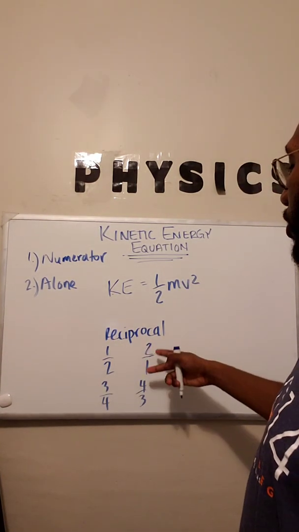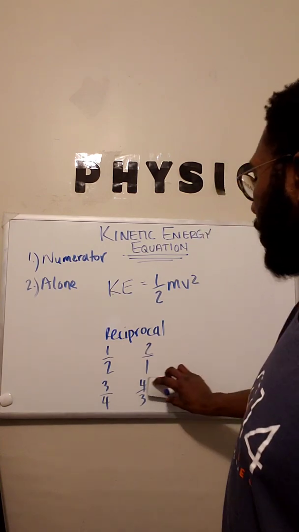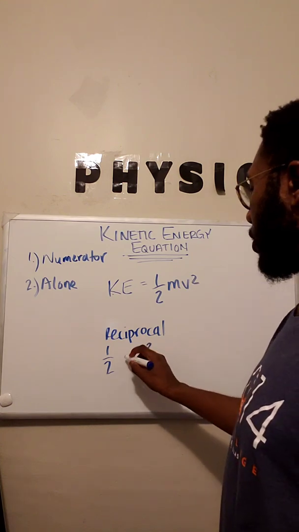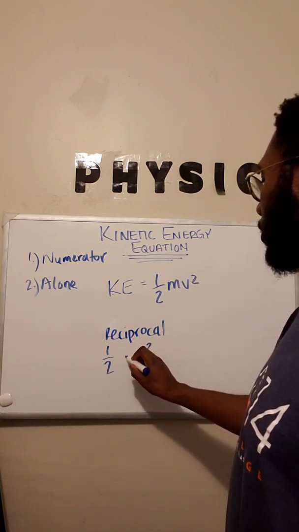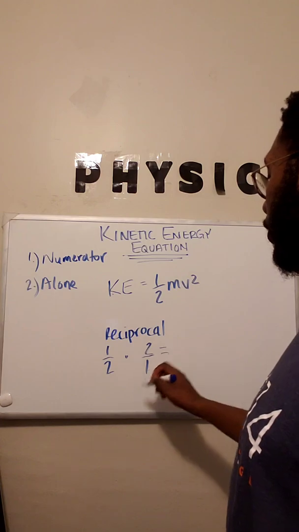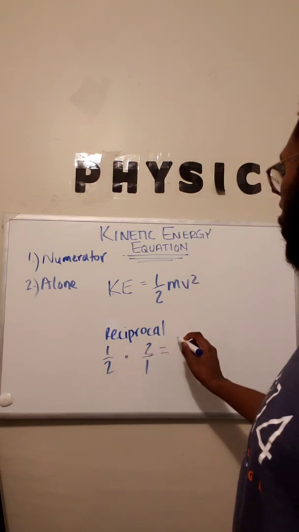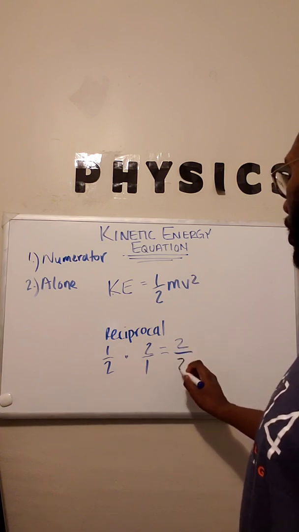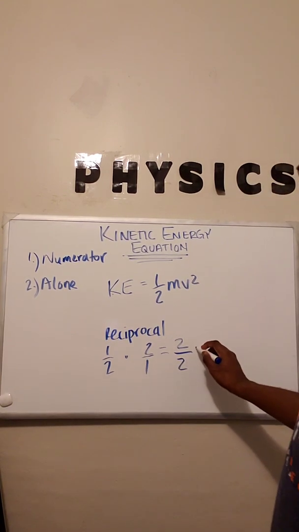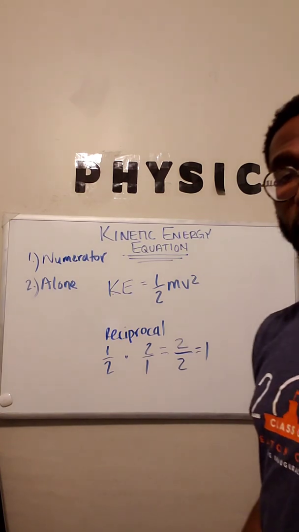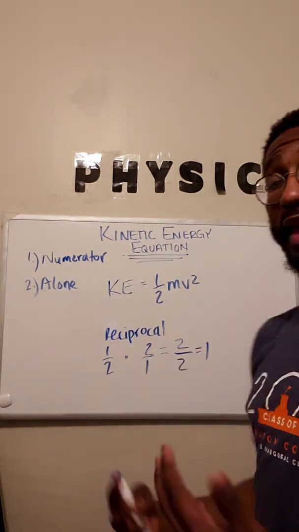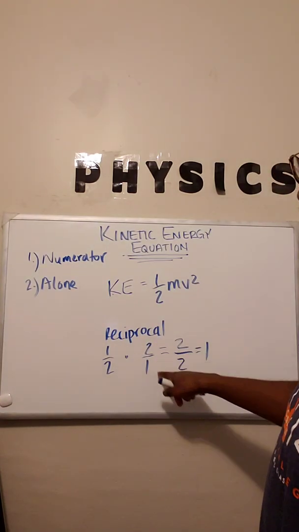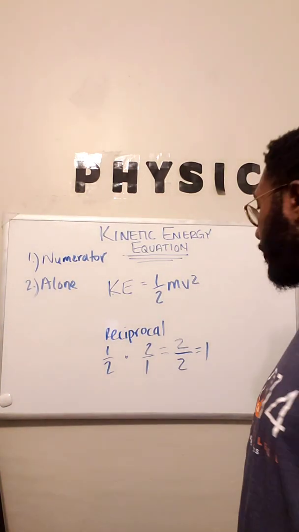Now, the reason we multiply by a reciprocal is because when you multiply, for example, 1/2 by 2/1, we end up with 1 times 2, which is 2, over 2 times 1, which is also 2. And now my fraction is equal to 1. And so I can essentially cancel out the fraction by multiplying it by its reciprocal, because it'll then equal 1.